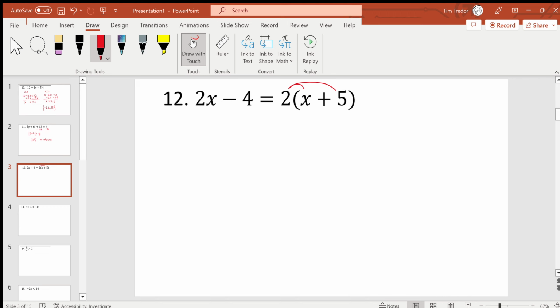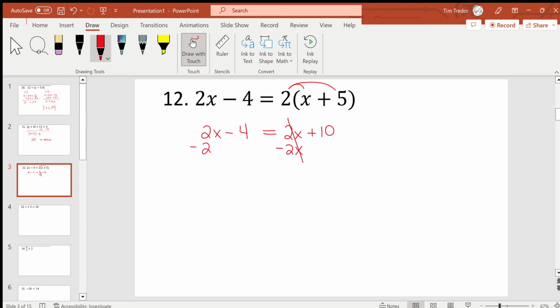We can't take anything out of the parentheses, so I'm going to get rid of the parentheses. So 2 times x would be 2x, and 2 times 5 is 10. From the other side, I'm just bringing everything down. We haven't changed anything. And next step, I want to gather my variables to go to one side of the equal sign. So let me subtract 2x to get rid of it on this side.